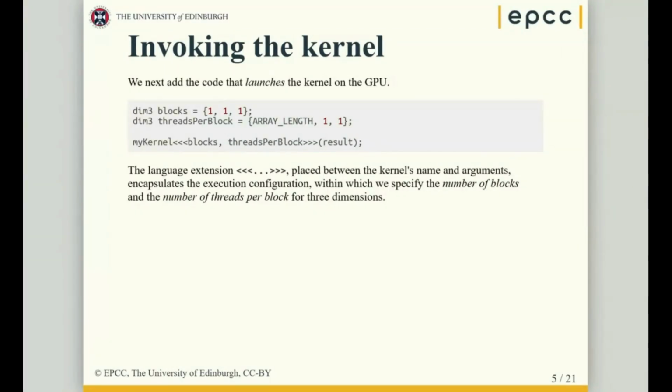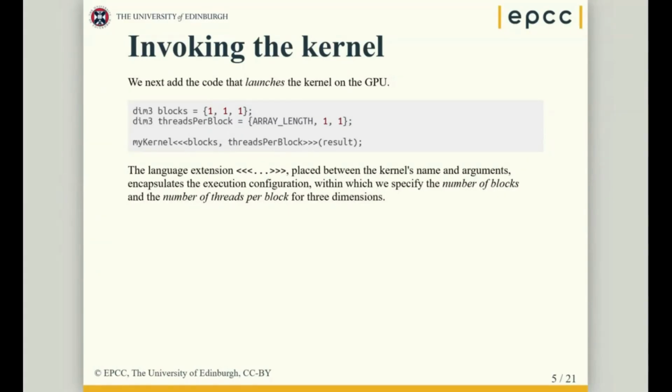Now I need to specify the threads per block. Each block will have a number of threads. Also, the threads could be in 3D space. But here I'm doing it in 1D. So in the X direction I have array length, and in Y and Z I will have only one thread.